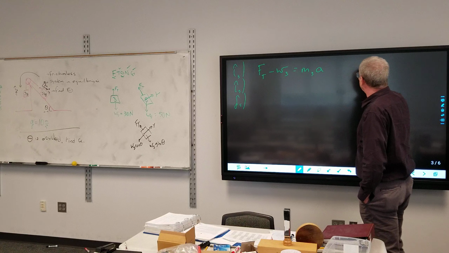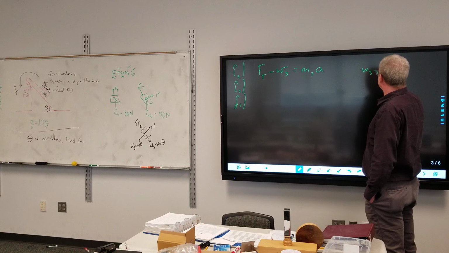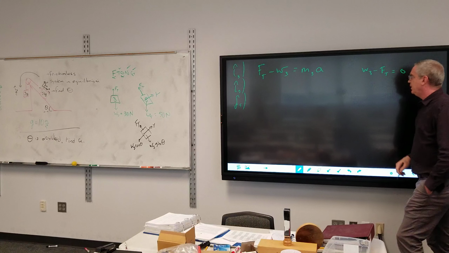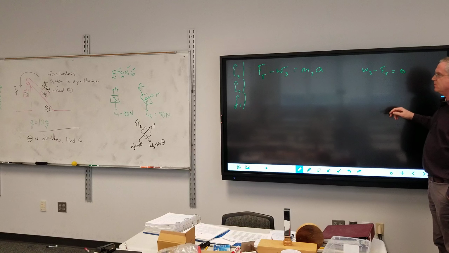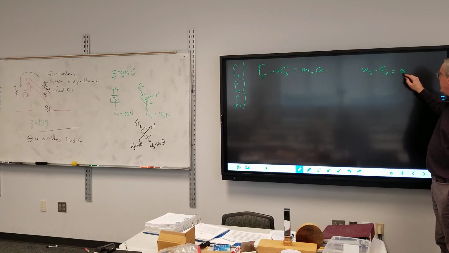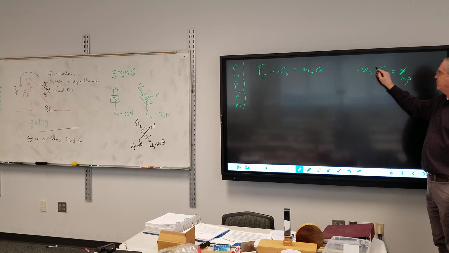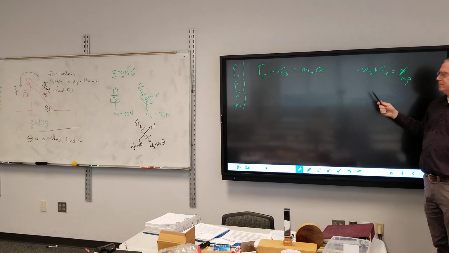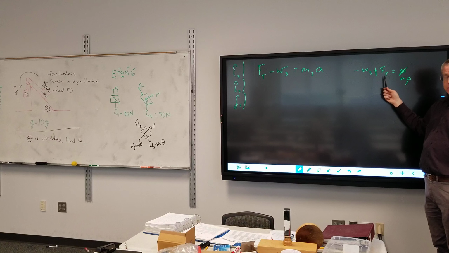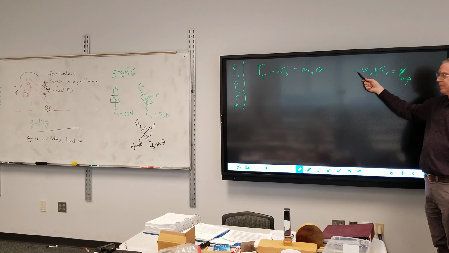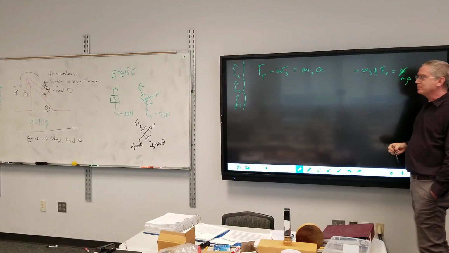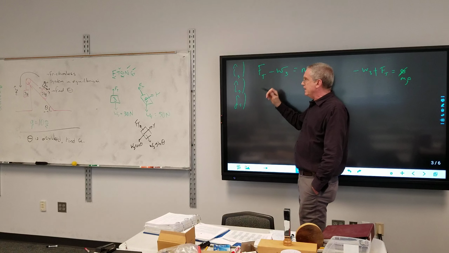So if the way we had it before was W3 minus the tension is equal to ultimately 0, by the changes that we made, this is not 0 anymore. This is mass times acceleration, and then those signs would switch. And so what I heard was just W3 plus tension, and let's not forget the mass times acceleration part. Gotcha. All right, I5.